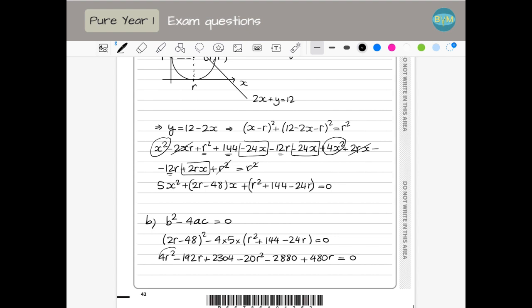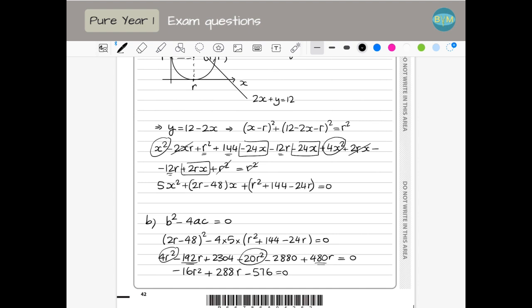I put the r squared terms together, so I have minus 16r squared. Then for the r terms, I have minus 192r and plus 480r, so plus 288r. The other term is 2,304 minus 2,880, which is minus 576, equals 0.